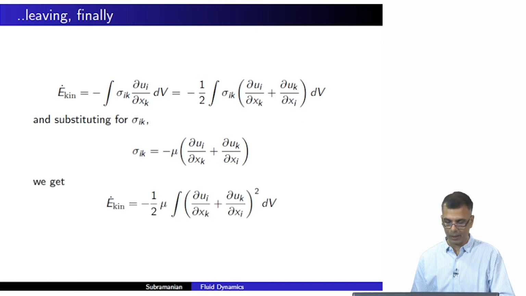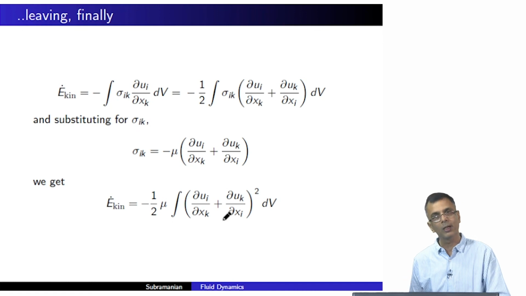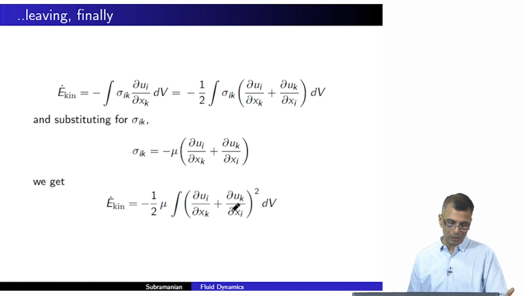So this quantity gets squared because inside this sigma ik I have another thing, this bracket that appears again here, so it gets squared. And this is my final result.